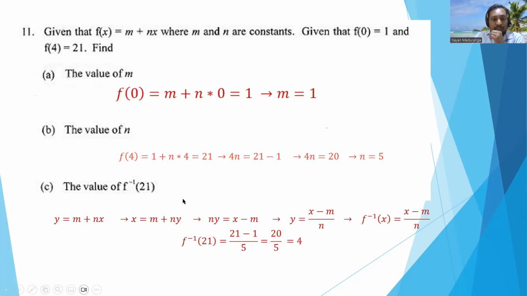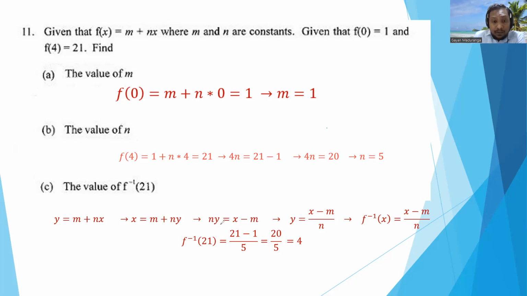And find the value of f inverse x. So here first you need to find the inverse function, okay? So I write y equals m plus nx. Now I'm going to first interchange x and y, right? X comes here, y goes there. And then I subtract m.